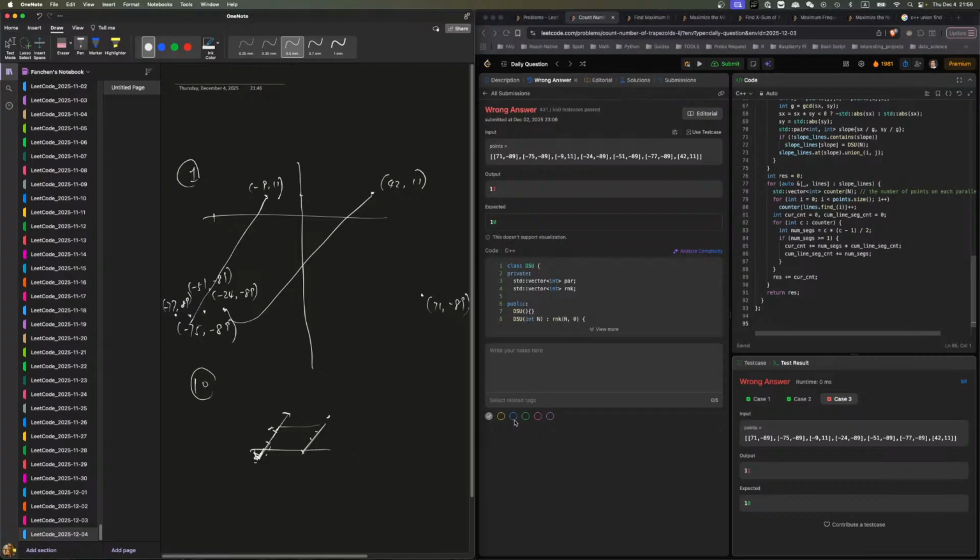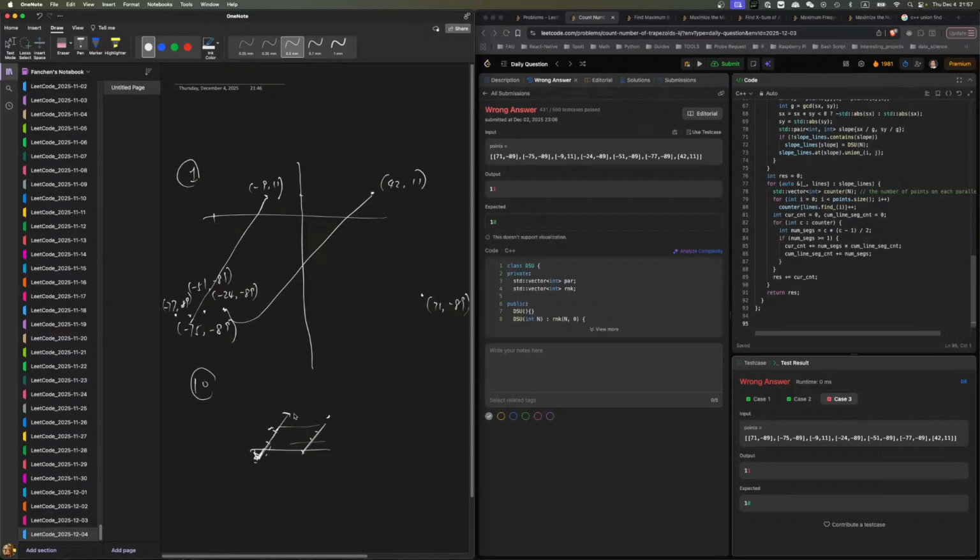This made me feel like this solution is not going to work. Yes, I have the parallels, but what do I do when the parallels cross? I mean, we're double counting, so if we can find the trapezoid that has both parallel, then we can just remove those, right? How do we find that?